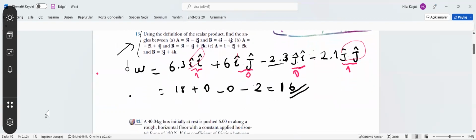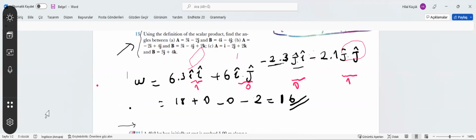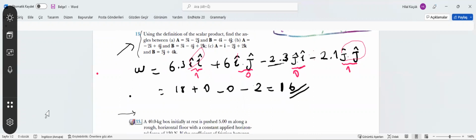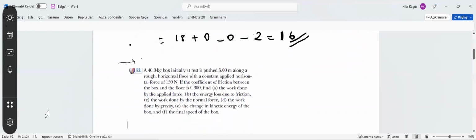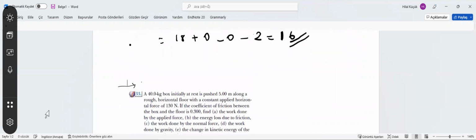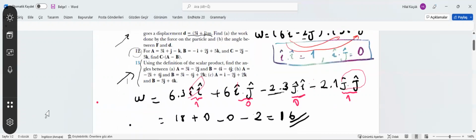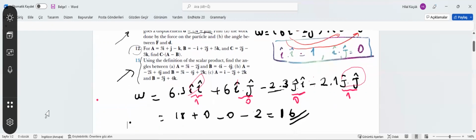We already solved some questions in our last lecture. Sometimes they can ask for the angle. You need to find the angle. How can you find the angle between them?